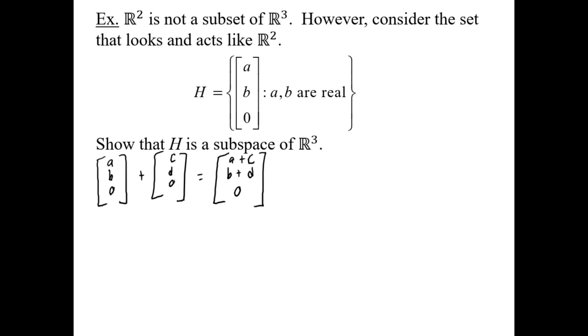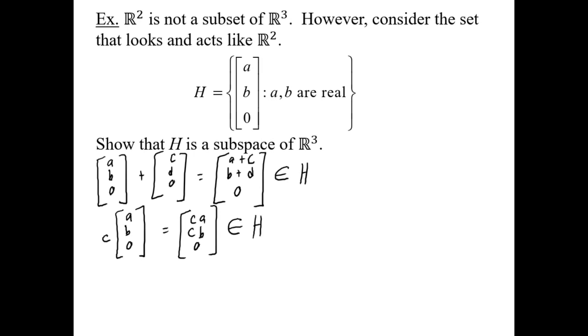The last component has to be a 0, and we got that. So that's in H. Scalar multiples: a scalar multiple c of (a, b, 0) is (ca, cb, 0). Again, the first 2 entries can be any real number. The last one has to be a 0, so that's in H.